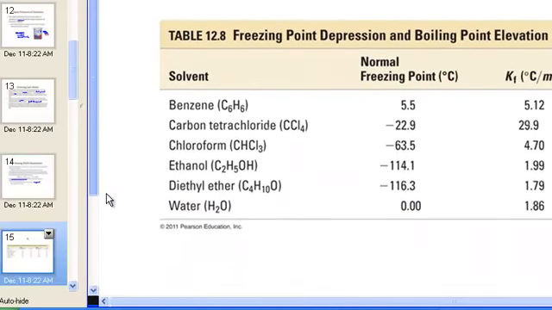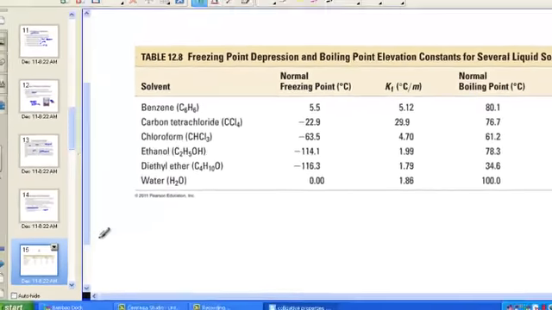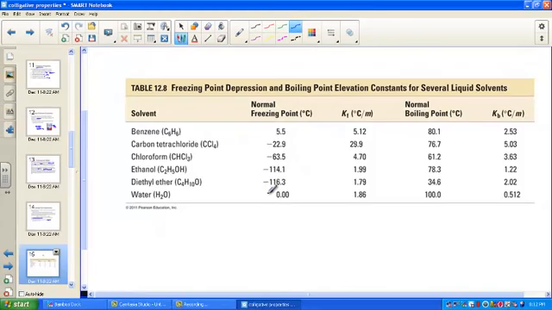In this particular slide, we have not only KF's, freezing point constants, but also KB's, boiling point constants. We have a list of solvents and their normal freezing points, their K constants, their normal boiling points, and their KB constants.